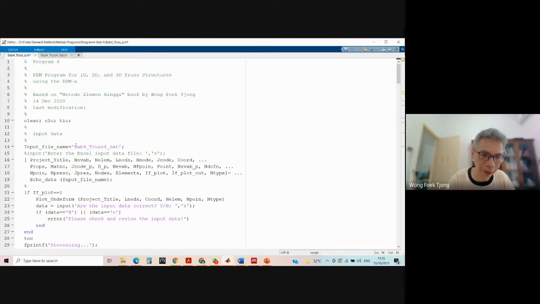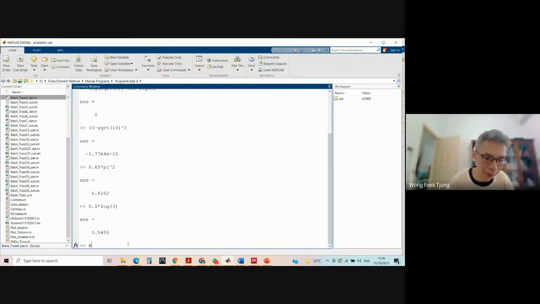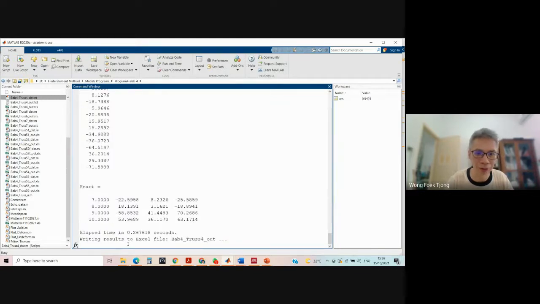And then just type the name of the program, that's bab 4. Direct stiffness method with a priori boundary conditions. And let's go. Okay, writing results to Excel.